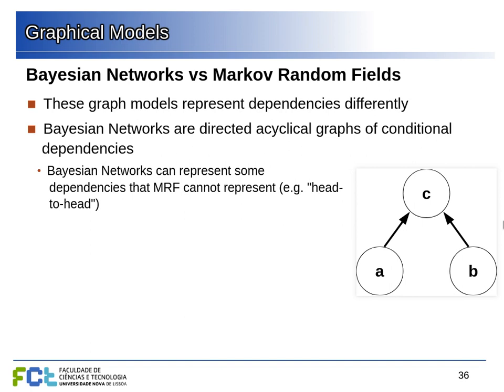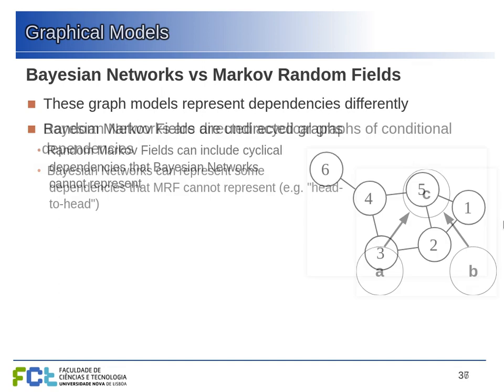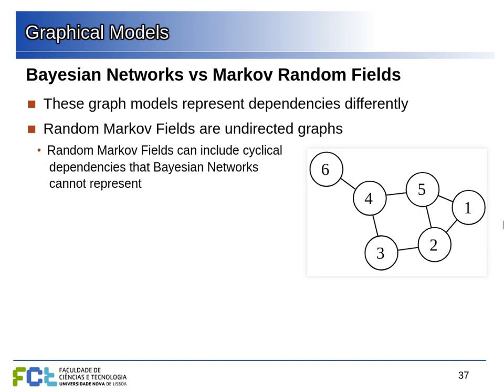They can represent some things that Markov random fields cannot, such as these kinds of relations where one variable is dependent on these other two, but these are the parents and are not conditioned on any other variable. But they cannot represent loops. They must be acyclical graphs. Whereas Markov random fields are undirected graphs, and they can represent these cyclical dependencies here.